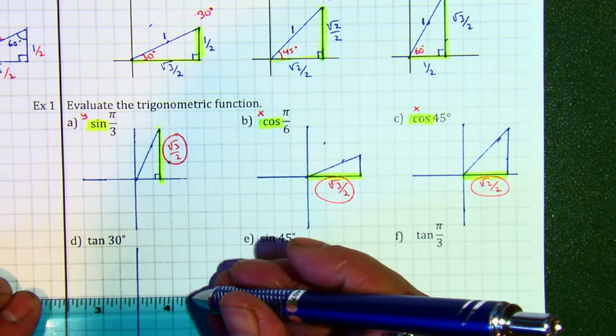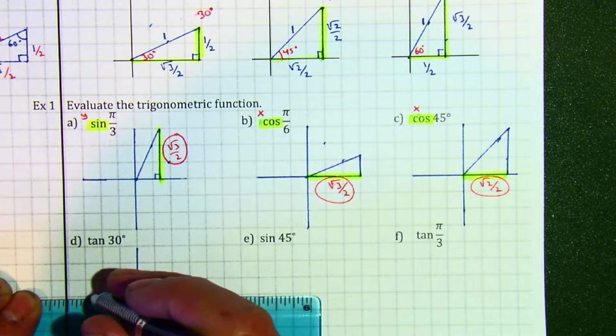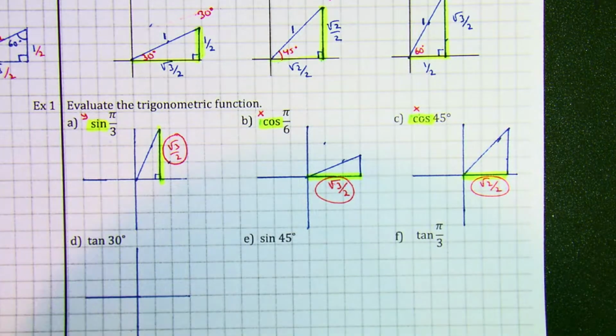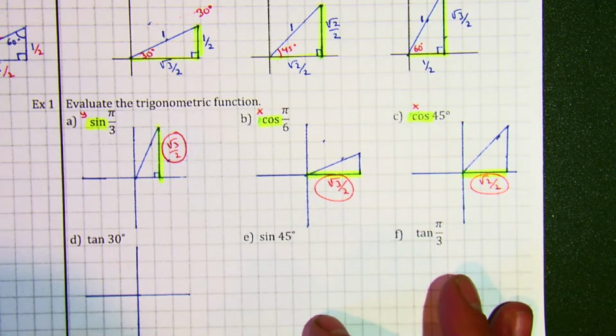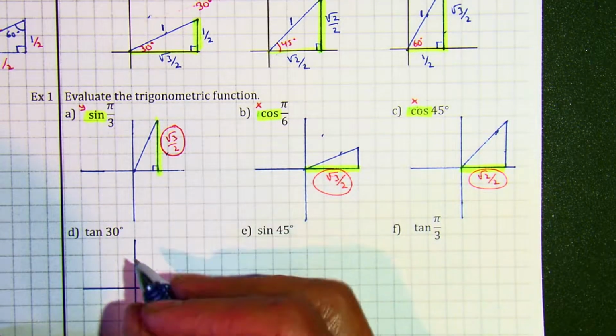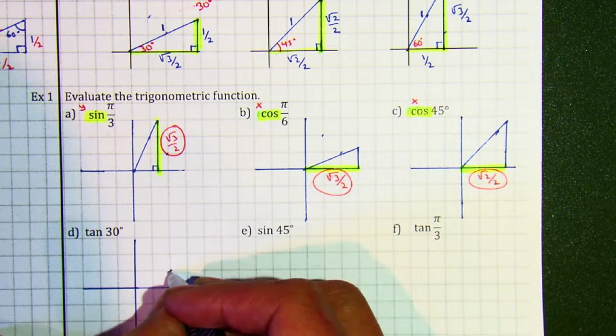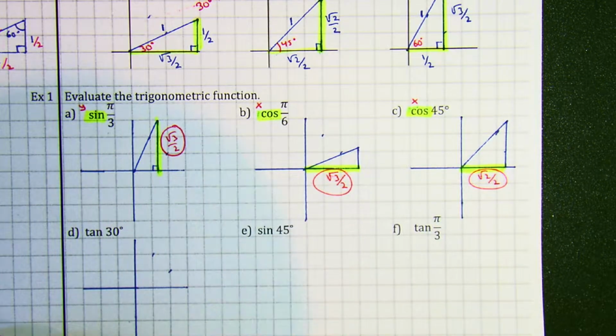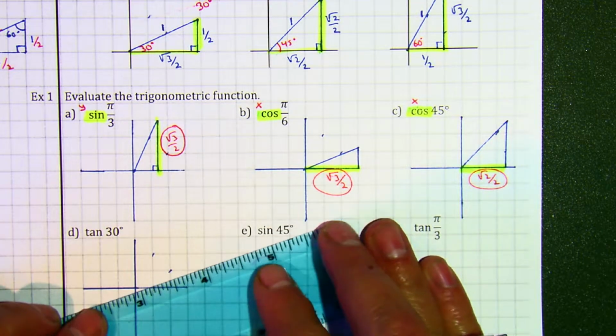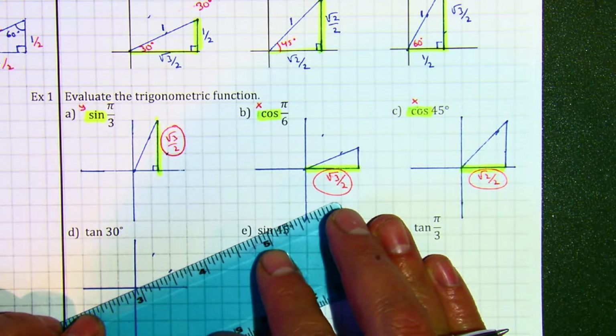Let's go and look at where 30 degrees is located. So therefore, for 30 degrees, I'm going to place 2 dashes evenly spaced, a little closer to the x and y axis. And 30 degrees is located here.